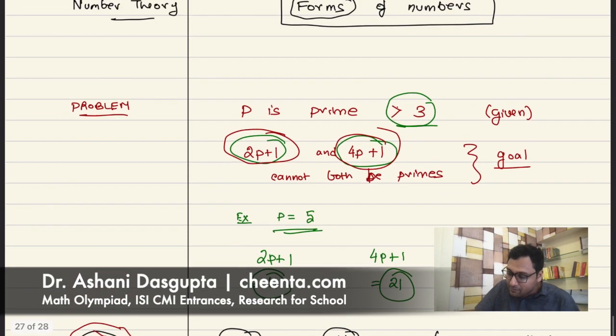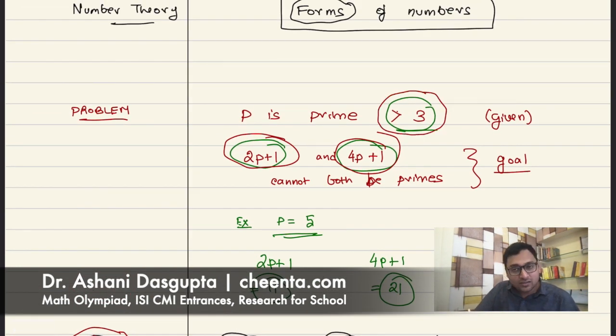See, since the prime number is greater than 3, surely it is not divisible by 3. So that's something we have to be very careful of. P is not divisible by 3. Why? Because the only prime number that is divisible by 3 is 3 itself.